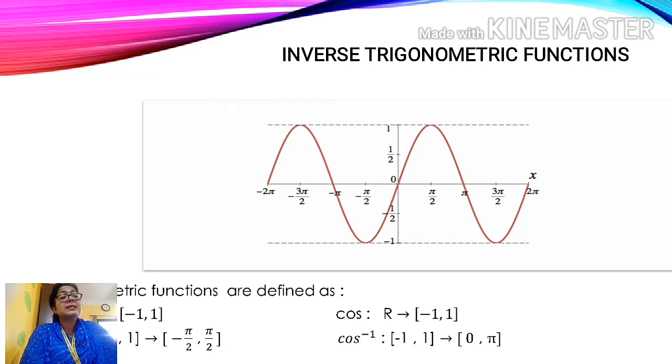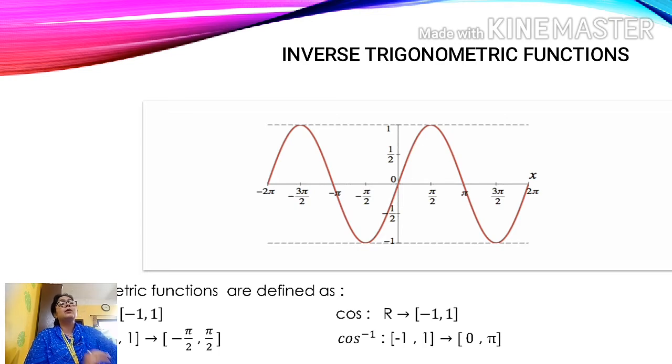That means sine inverse cannot exist. But if we restrict its domain from minus pi by 2 to plus pi by 2, then we can see that at each and every point it has different images. So then it will be an inverse function.